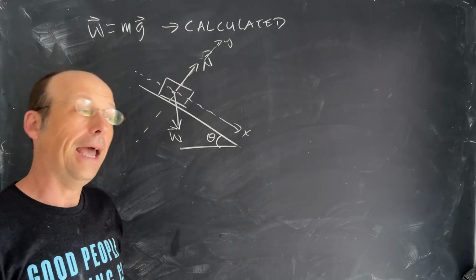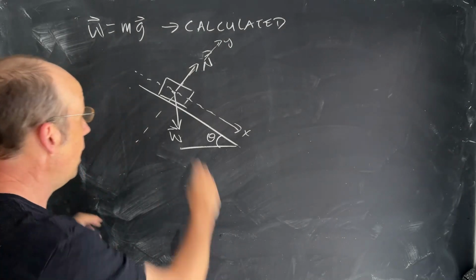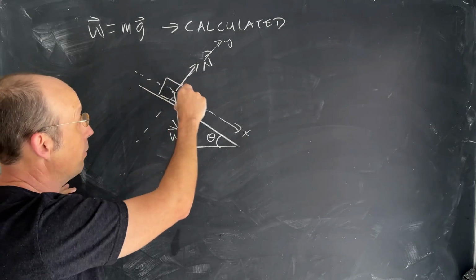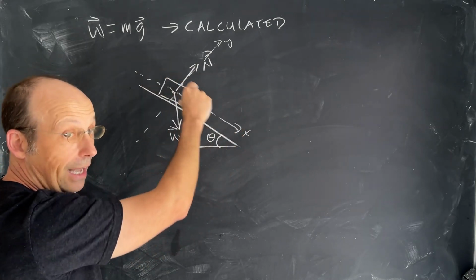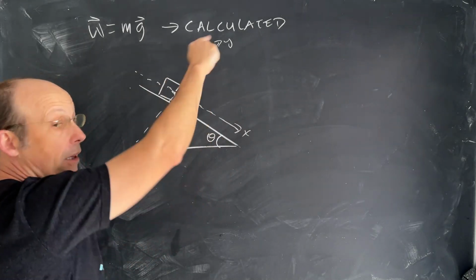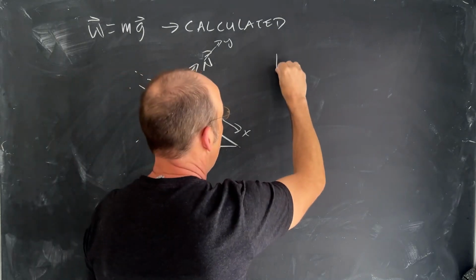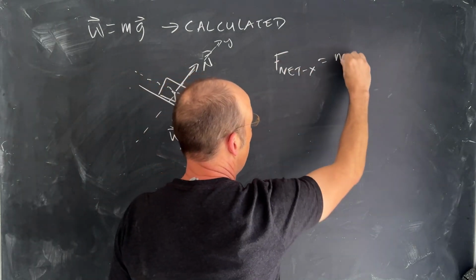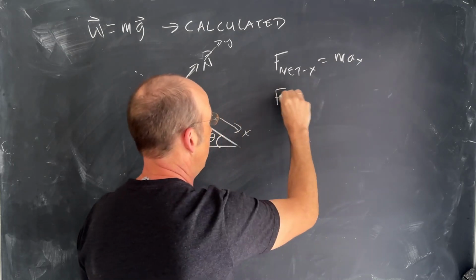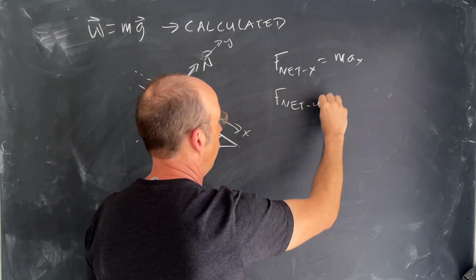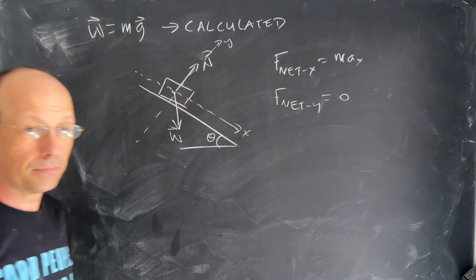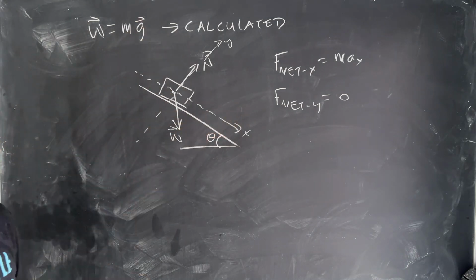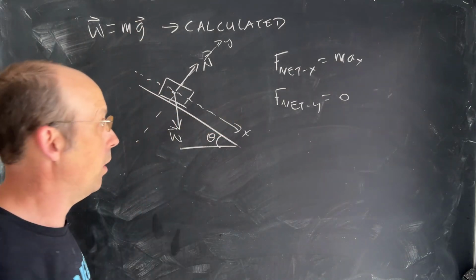You're the human. And in this case, it's really good because in this orientation of the axes, I have the block accelerating in the x direction, but not accelerating in the y direction. So I can say F net x equals max, F net y equals 0. It does not accelerate this way. If I put my axis this way, it's going to accelerate in both the x and the y direction.